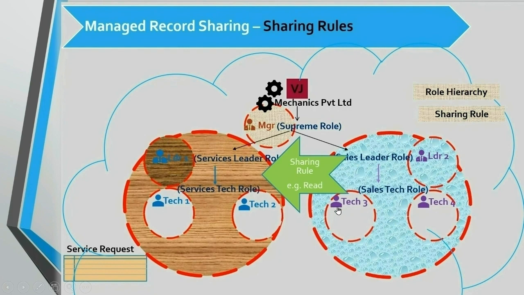That is, for those records created by Tech3, Tech4, LDR2, read access would be shared to LDR1, Tech1, Tech2.